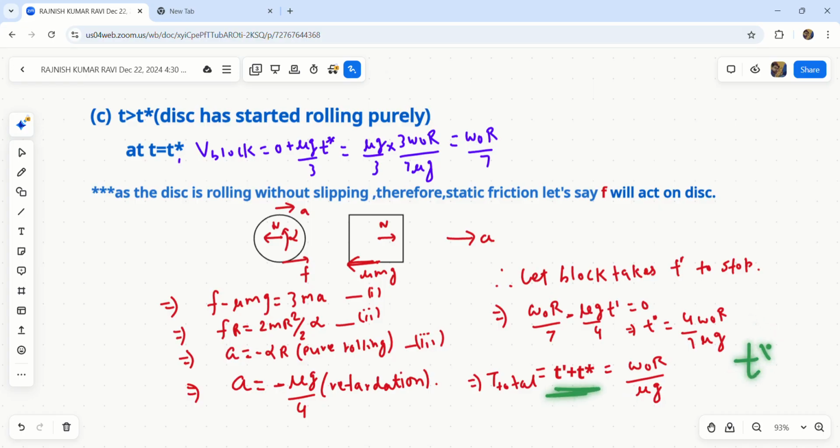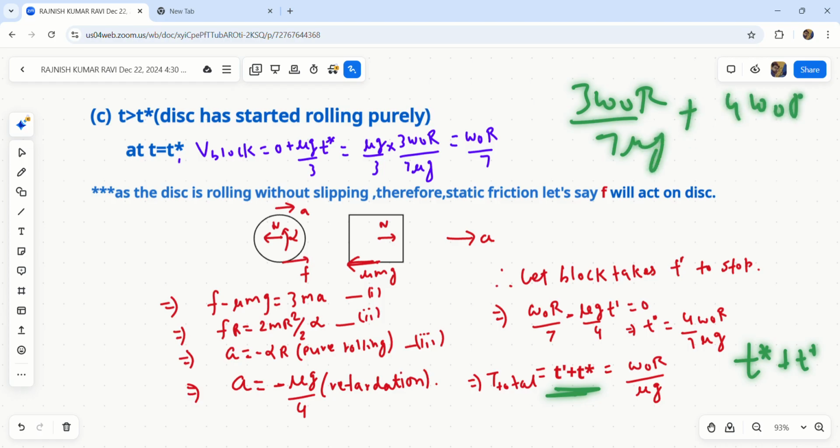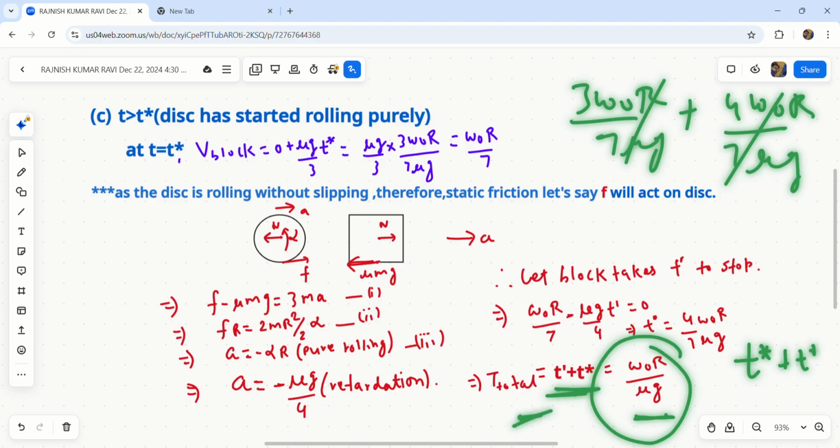If we add t star and t dash, t star was 3 omega naught R divided by 7 mu g, and t dash is 4 omega naught R divided by 7 mu g. If we add these two, the total time will be omega naught R by mu g. So this is the answer to the C part of this problem. Thank you.